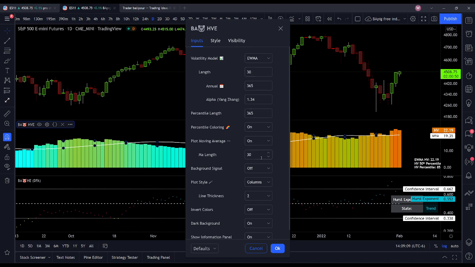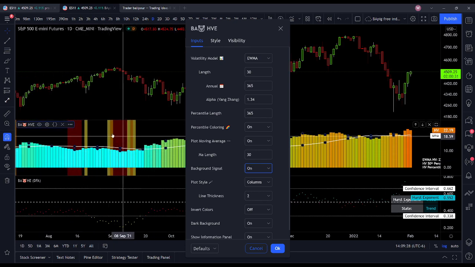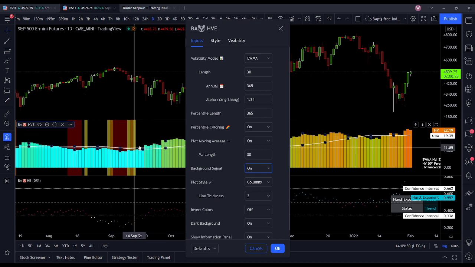And one thing I like turning on is the background signal. So turn on the background signal, and that will tell you when there's an outlier occurring in relation to the past 365 candles. So over the past 365 days of active trading on SPY, right here was a period of low volatility clustering and subsequent expansion.